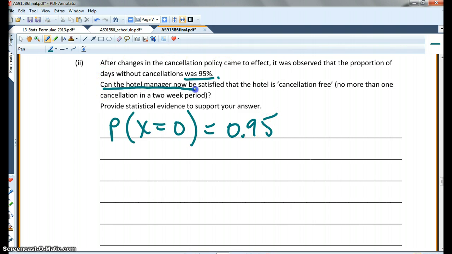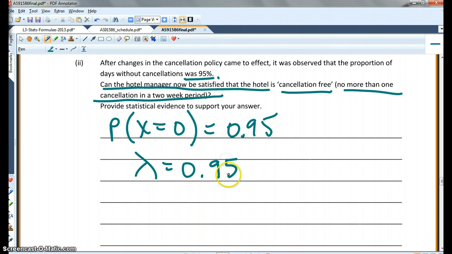Can the hotel manager now be satisfied that the hotel is cancellation free, no more than 1 cancellation in a 2-week period? So we're going to take lambda as 0.95 for 1 day. Sorry, that was a brain freeze.